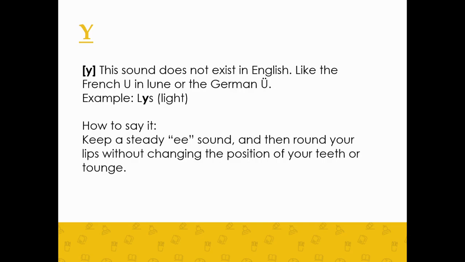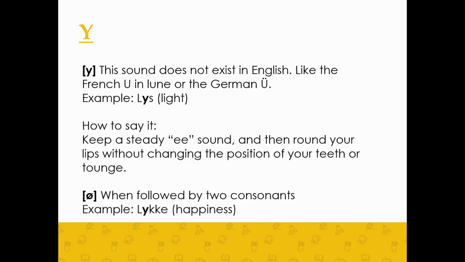What you need to do is to keep a steady E sound and then round your lips without changing the position of your teeth or tongue. So, E, Y. Y is pronounced Ö when followed by two consonants. Example, lykke. Lykke is happiness. So, Y and Ö.